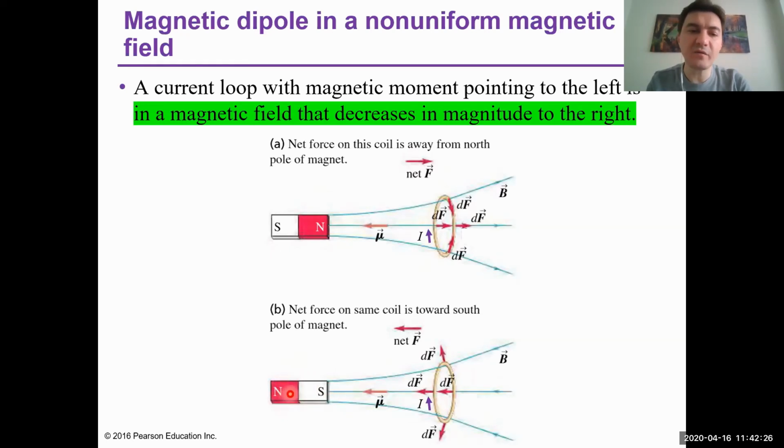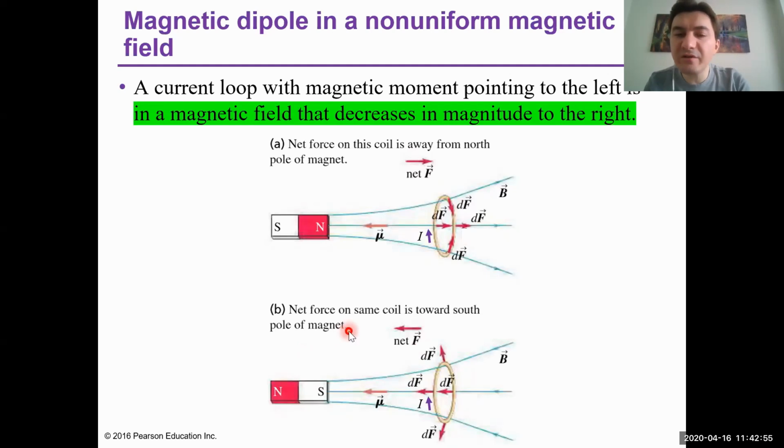Then field lines go from N to S. What you see, direction of the magnetic field is to the S pole, okay? Now we have reversed the direction of the magnetic field. Then the net force acting on the same loop will be reversed, okay? Then this loop will move to the S pole.